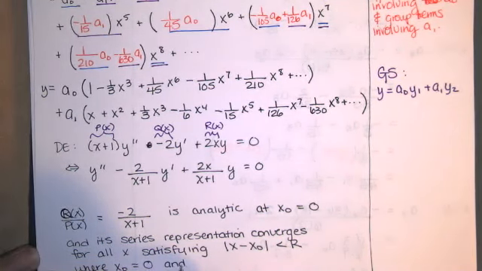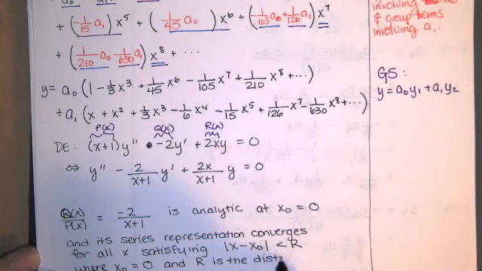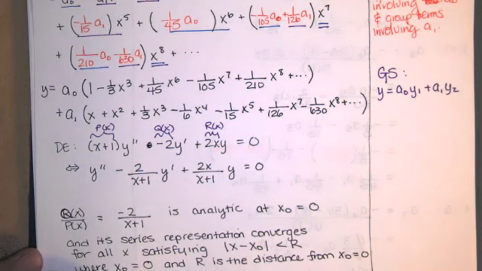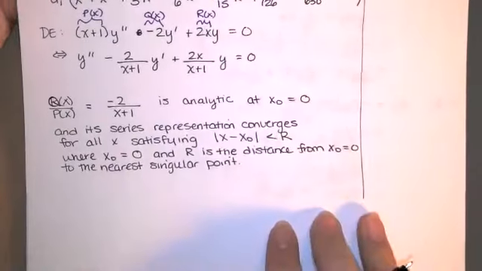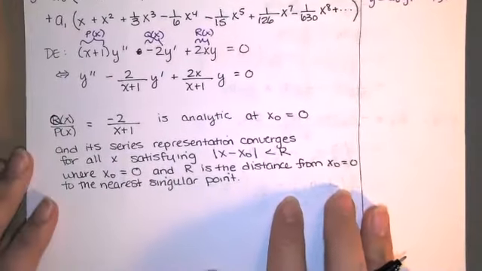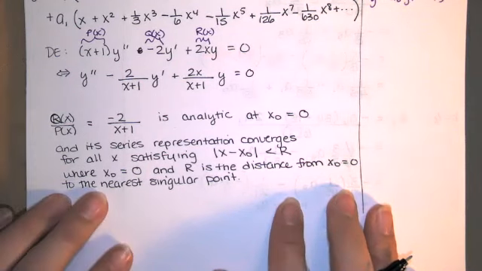And r is the distance from x naught, in this case x naught equals 0, to the nearest singular point.